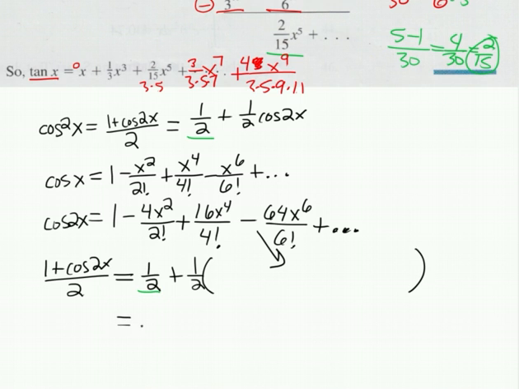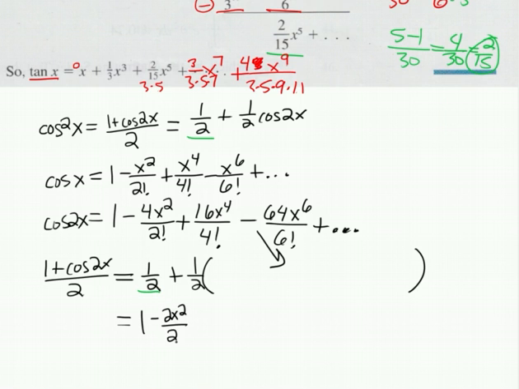What's that going to be? Half of 1 is half, plus a half is 1. And then this is just going to affect all the other terms. So half of that is going to be minus 4 over 2, which is 2.